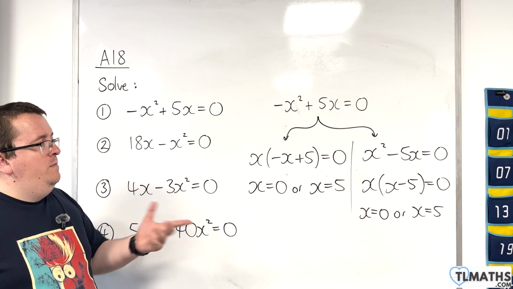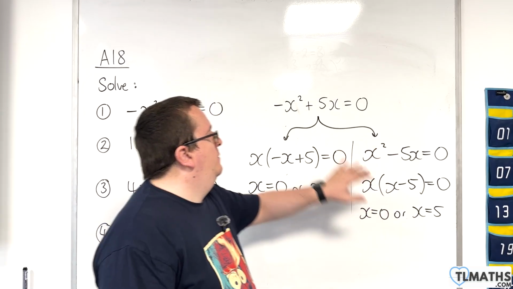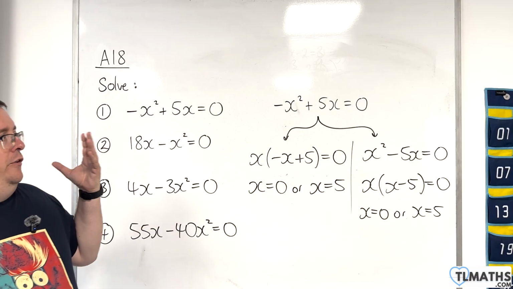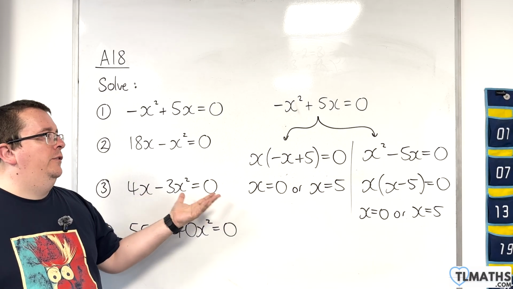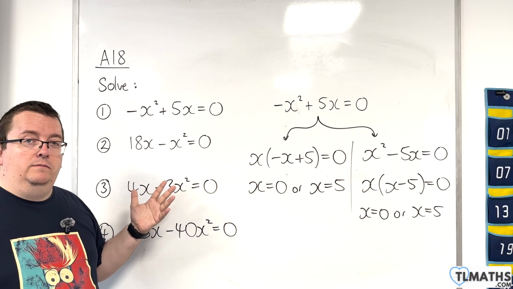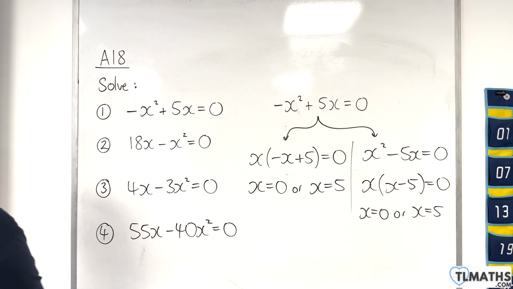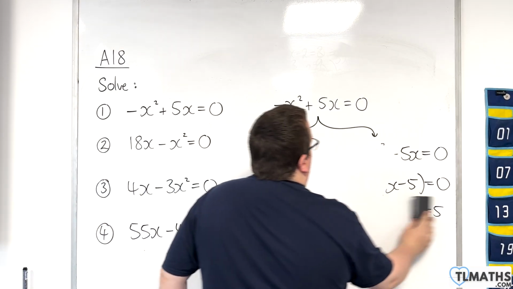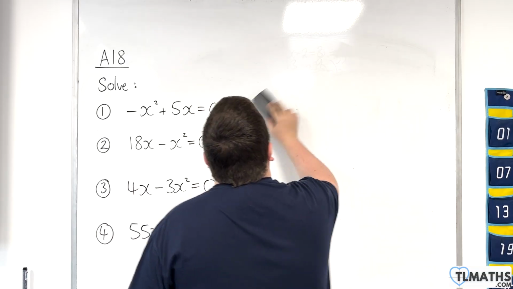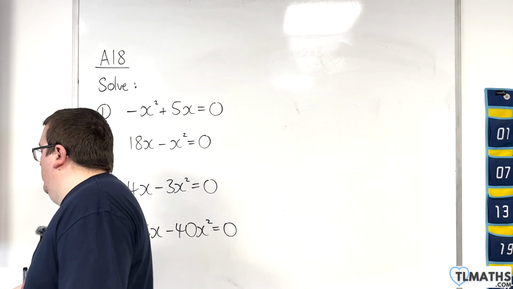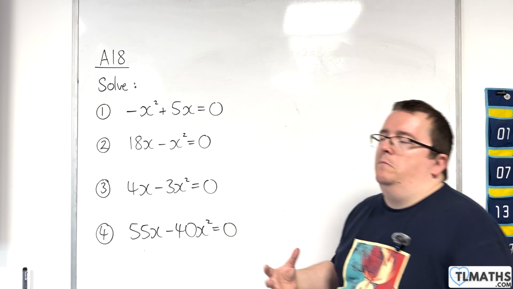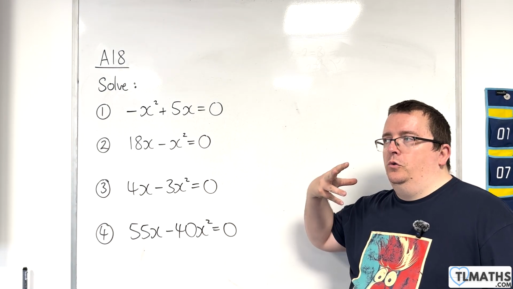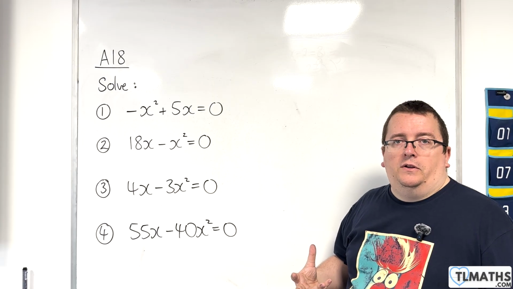I'm not going to use that secondary method. I'm going to purposefully use the first method because I'm assuming that most people would probably do that. It might be a bit of an assumption to make, but it's worth knowing that you can manipulate the quadratic equation to make it easier for yourself, okay?